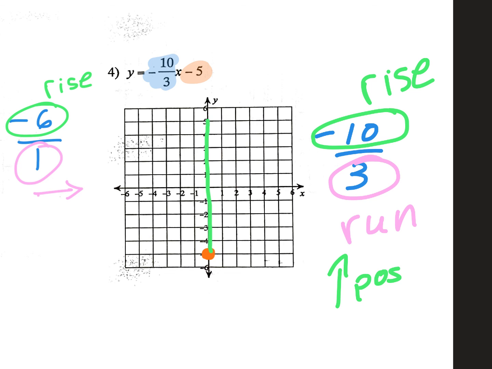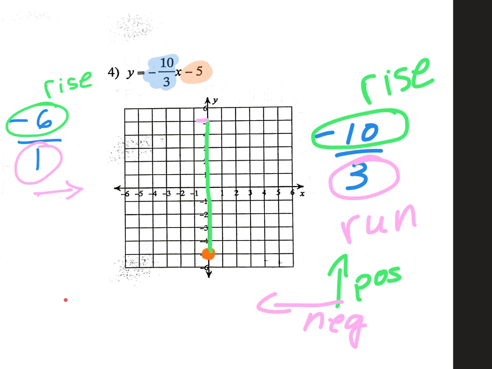And because I went up, and that's positive, if I go to the right, what direction is the right? Positive. Does a positive and a positive make a negative slope like we need it to be? It does not. So that's where you need to be careful. Since we had to go up, you've got to make sure that you go in the negative direction.